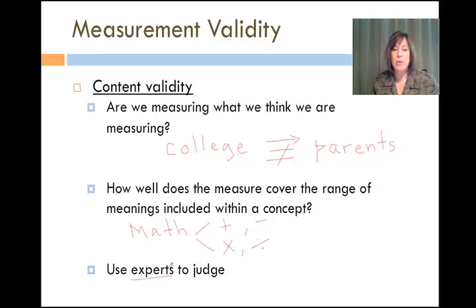An example of using experts to judge is having a group of faculty develop a critical thinking rubric. And you could say that that measuring device, the rubric, has content validity because a group of faculty that teach critical thinking devised it.